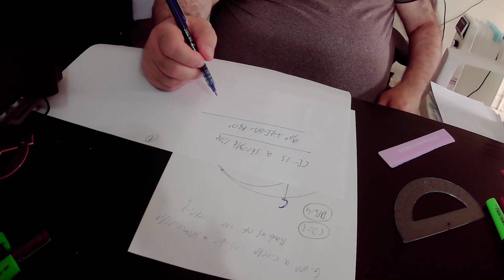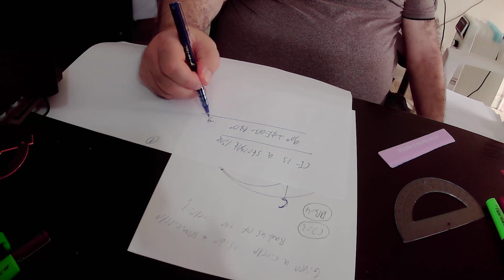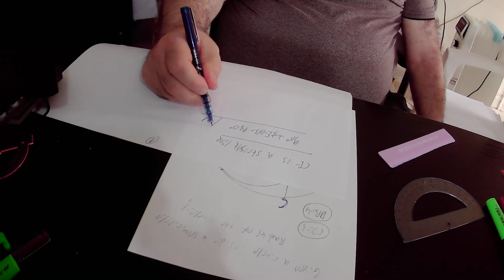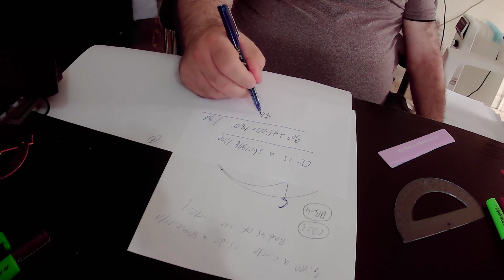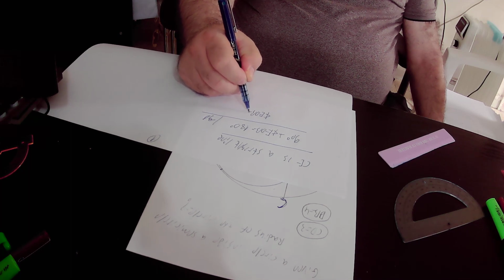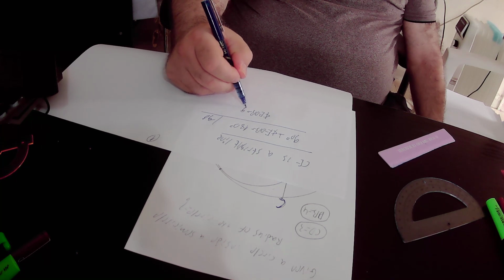So here we subtract 90 degrees from this equation, and we get that the missing angle EDB is equal to 180 degrees minus 90 degrees, which is 90 degrees.